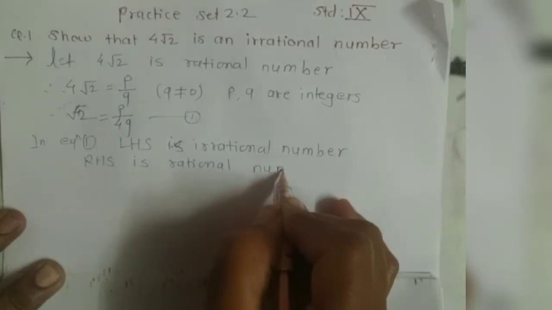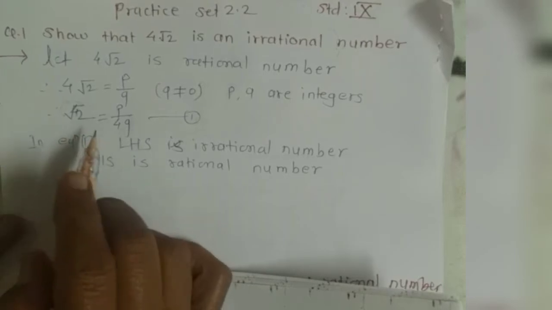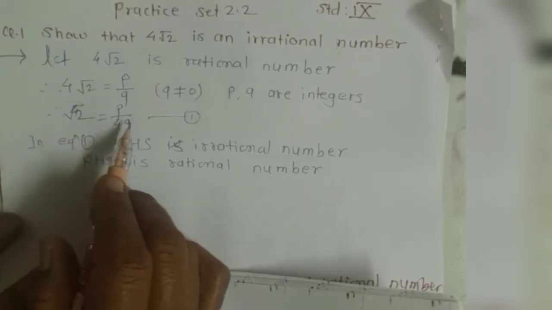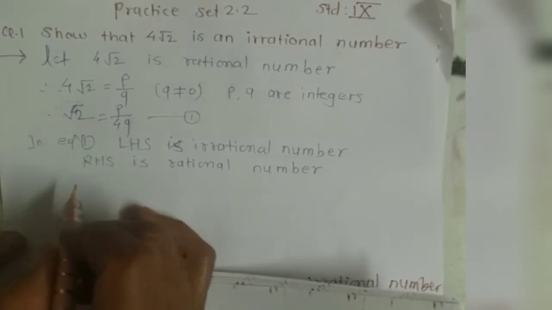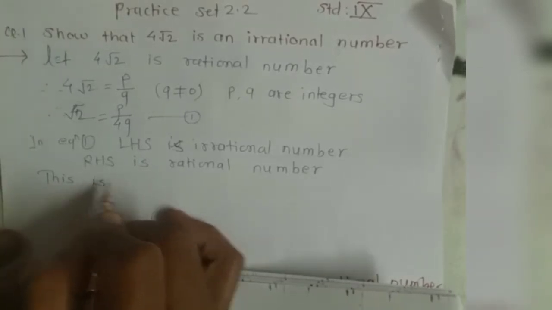But it is contradictory. What is contradictory? LHS is irrational and RHS is rational, and therefore here we write this is contradictory.